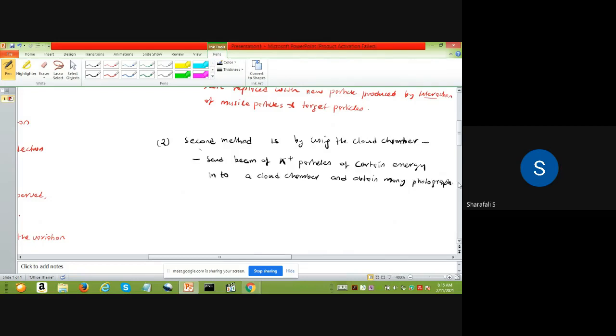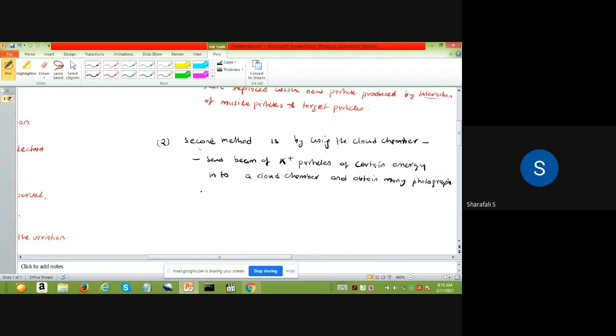So this is the second method, sending those pions to the cloud chamber and obtaining many photographs of that particular interaction. Okay, so we have to take a number of photographs, then we'll get the track of those particular interactions.